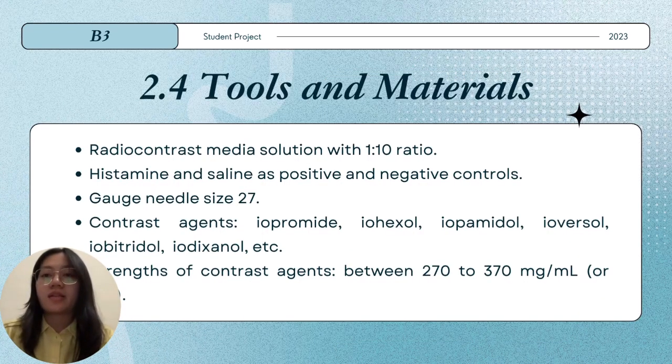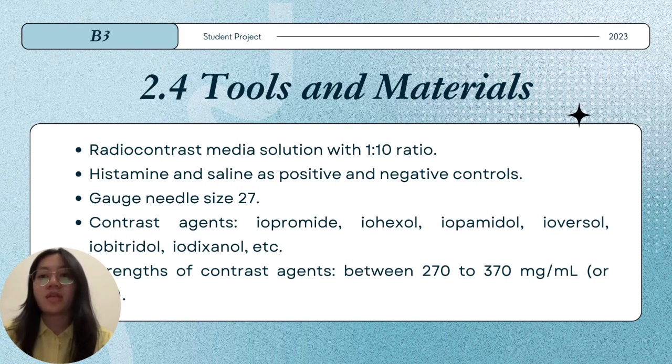Initially, IDT is carried out using a 1 to 10 radio contrast media solution, or usually around 0.02 milliliter diluted in saline solution, with histamine and saline as positive and negative controls. Then IDT was developed using a pure radio contrast media solution and various tools and materials, one of which used a 27 gauge needle.